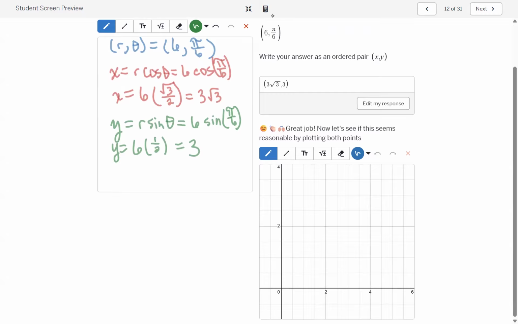All right, so if we look at plotting this point, 6 and pi over 6. Plotting our XY point puts it here, a little bit bigger than 5, comma 3. Our R theta point says that this distance is 6 units and that this angle is pi over 6.